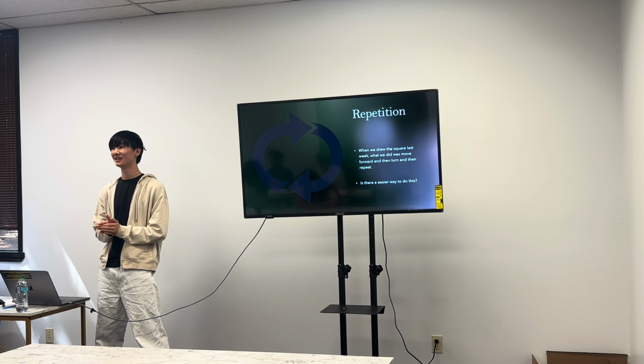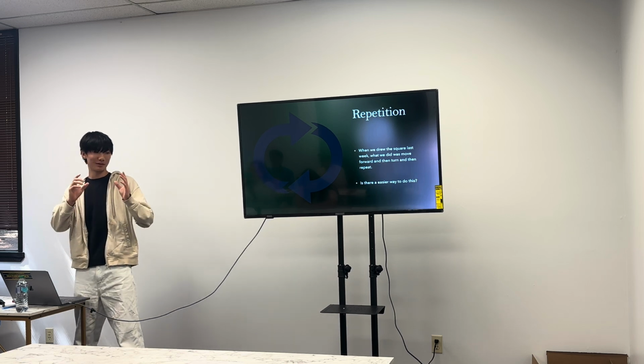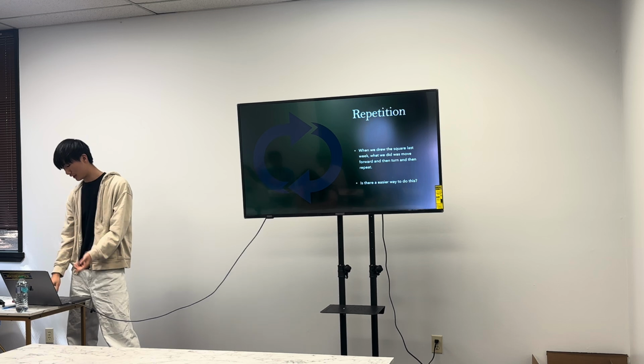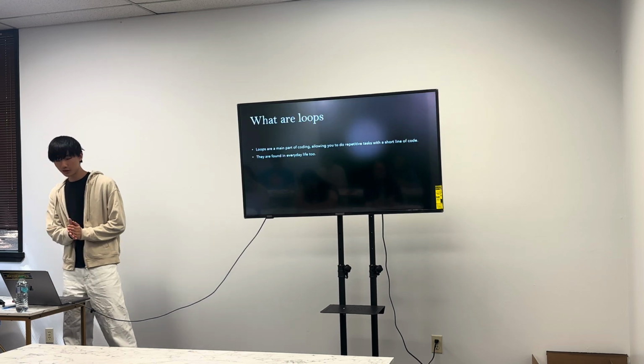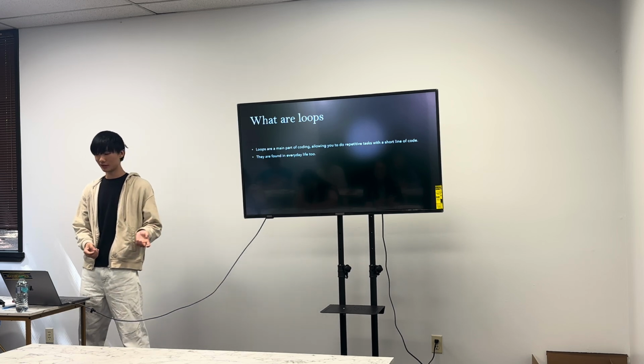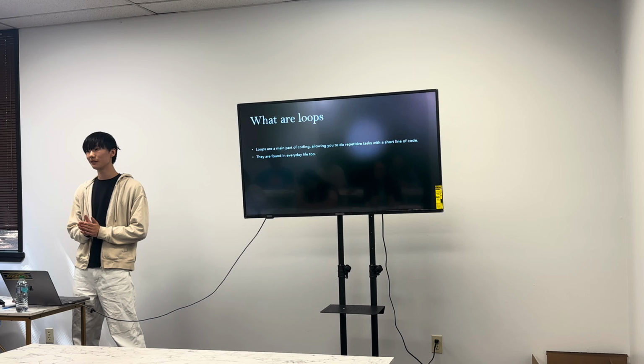You can make it repeat, so you can put it in a loop. Yeah, we use a loop. And what a loop basically does is it repeats the steps within the loop, and it repeats it for a set amount of times. So loops are a main part of coding. You'll see them basically in everything because it simplifies code so much, it makes it so much smaller. And it's also appearing in real life.